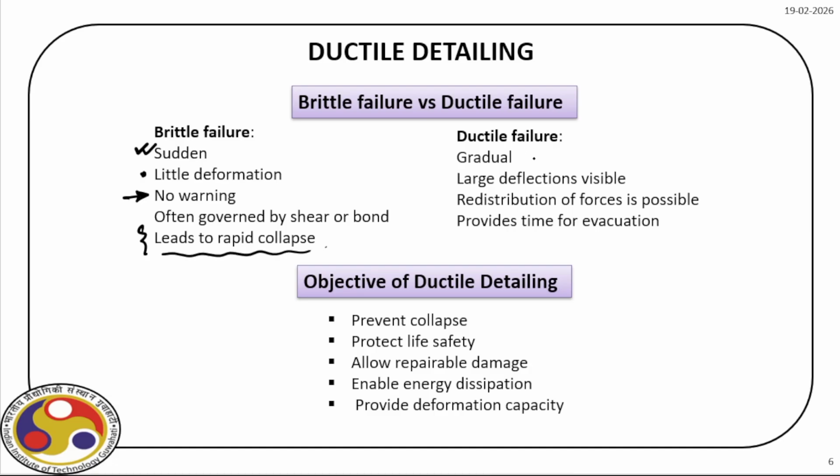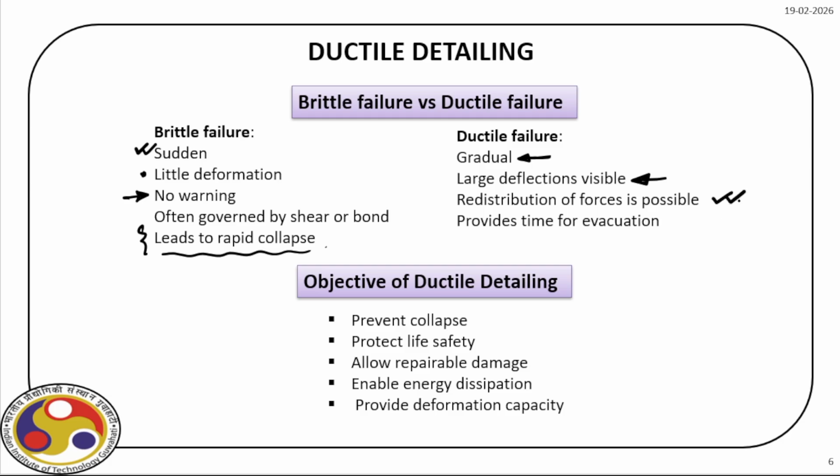Compared to that, ductile failure is gradual. So from yielding to the failure, we can see how this stress strain progresses, and then without significant change in stress, we have large deformation. So large deflection is visible in this case. Then for this yielding, redistribution of forces is possible. This is extremely important.